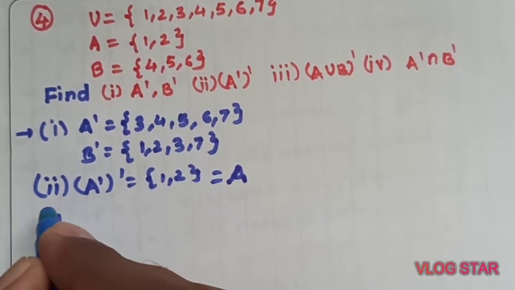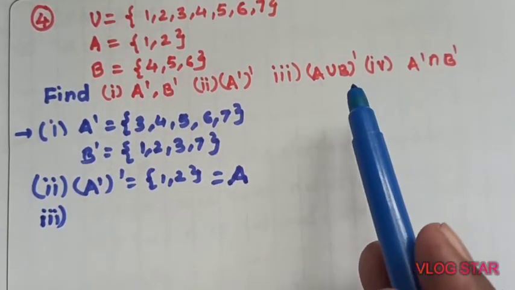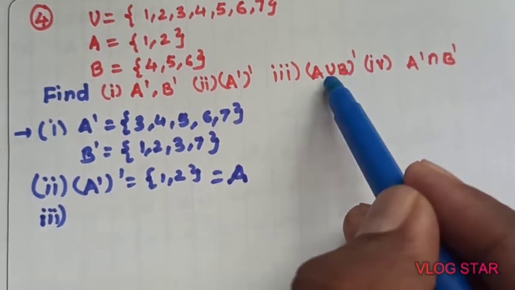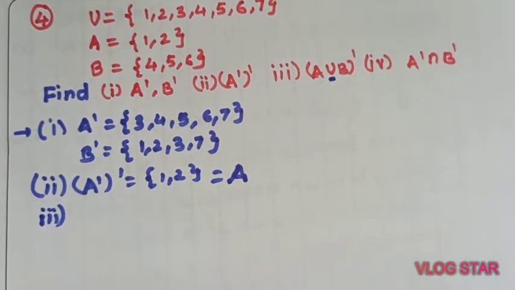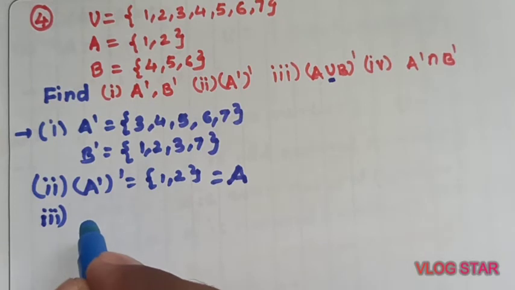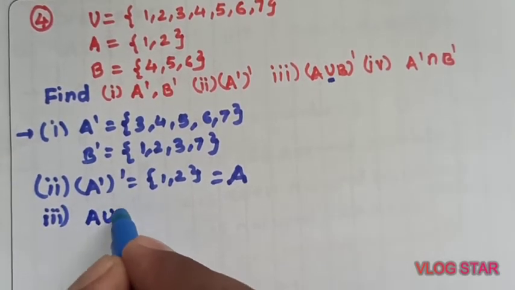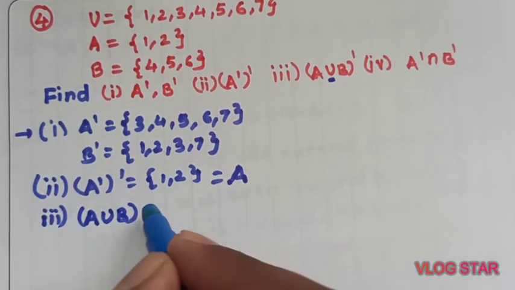Third example. Third part. We want to take complement, but before that in the bracket you see here union. So first of all we will find union and then we will take complement of the union. ये A union B. So union में क्या आएगा देखते हैं.